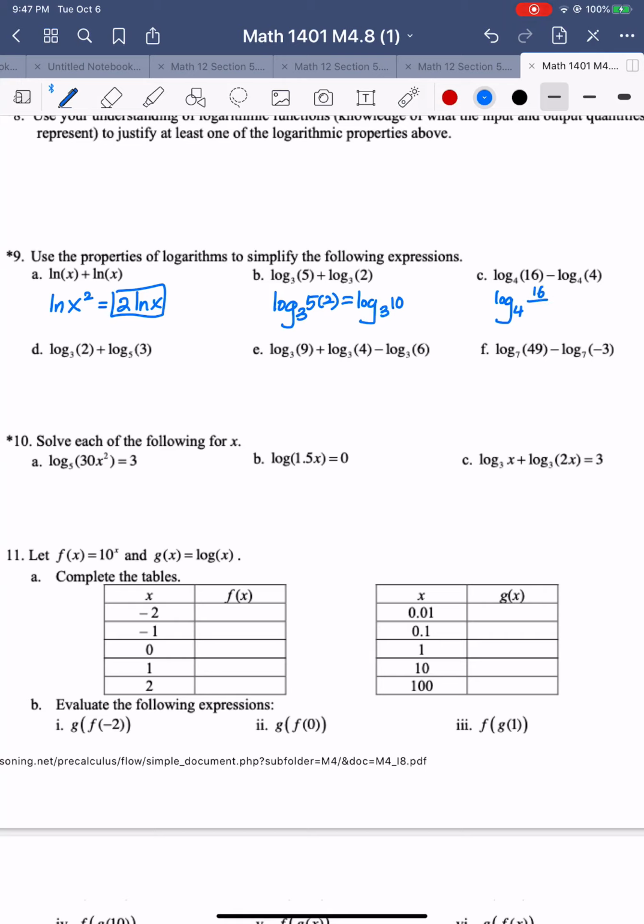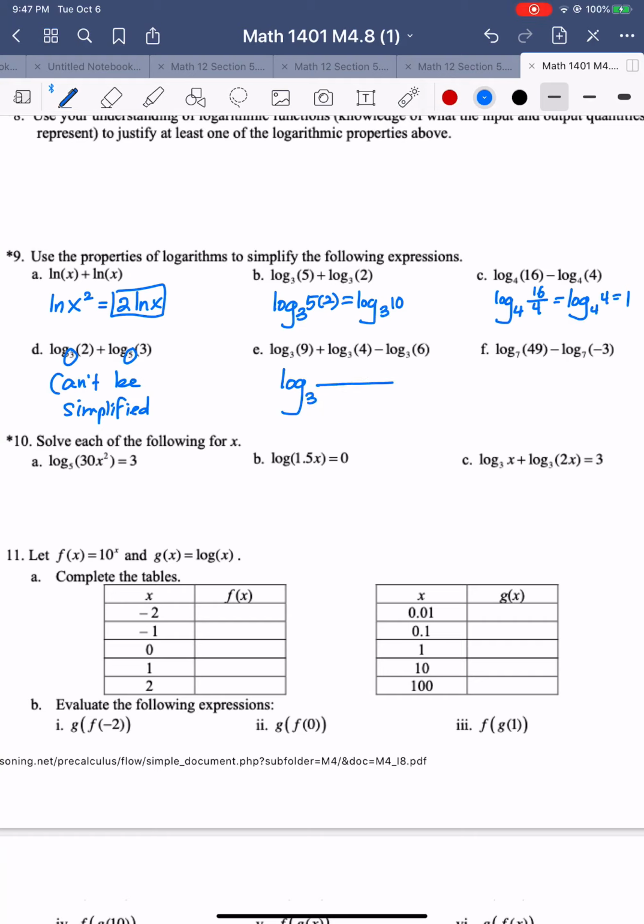You can put 16 over 4. They have to have a common base though. When you simplify, you get log base 4 of 4, which is 1. And this one, there's no way we can simplify it as the same log because they have different bases, so it cannot be simplified. And then e, we can simplify because all the logs have base 3.